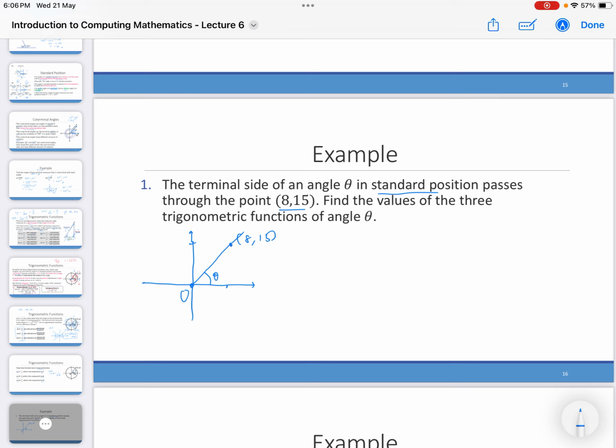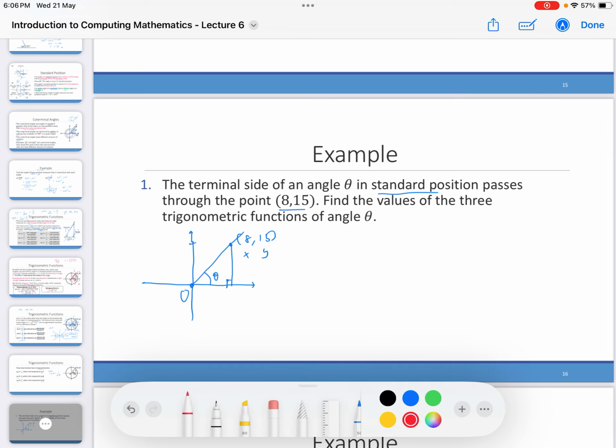Okay, and then we can draw the perpendicular line, so we make a right angle triangle here. This one is the x, this one is the y. Since we have x and y, first we find the distance from O to P, which is r.